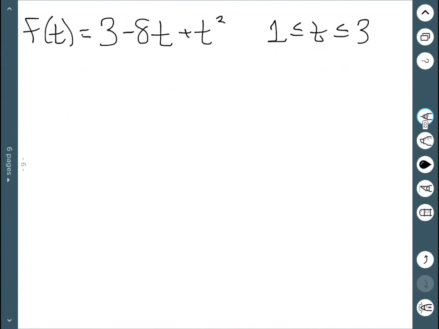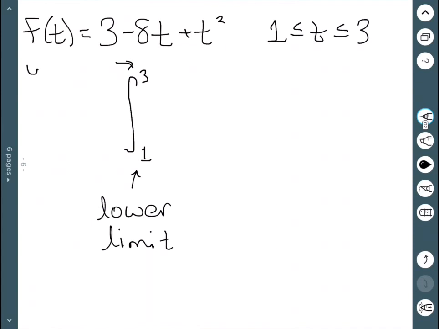However, we do have ways to abbreviate things using our definite integral. We use this elongated s to represent that we're going to sum. We would do a 1 on the bottom and a 3 on the top, which are our limits. The 1 is called the lower limit, and the 3 is the upper limit.